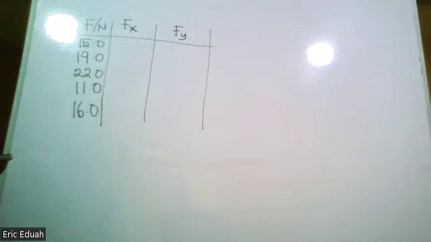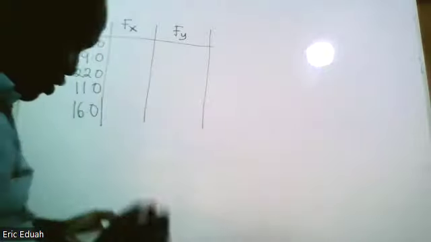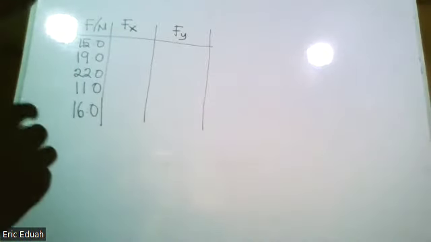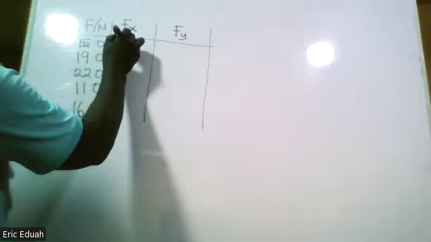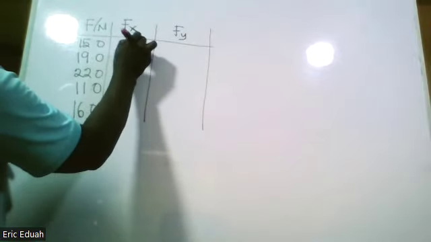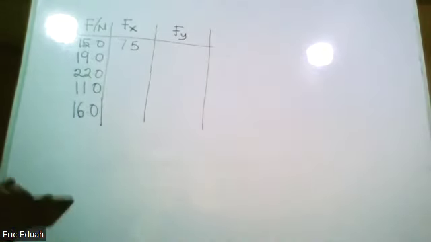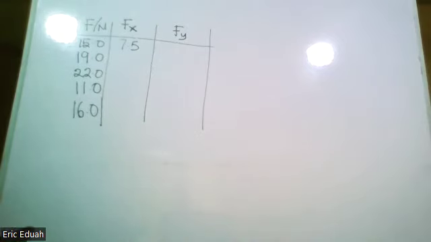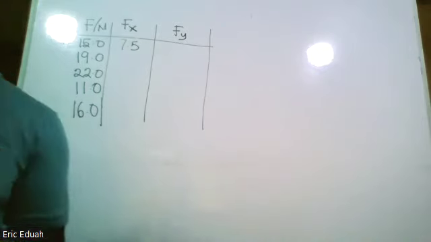The x component of 15 would be 15 cos 60. And because cos 60 is half, this will be 7.5. Then the y component of the same force is 15 sine 60.